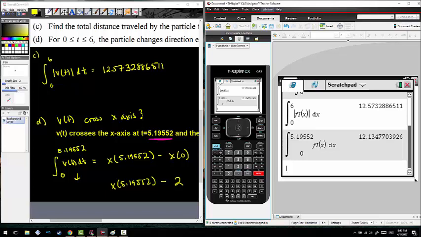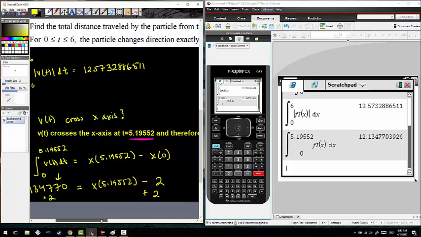So that's 12.134770. And that equals this. How do I solve for the x of 5.19 number? I add 2 to both sides.